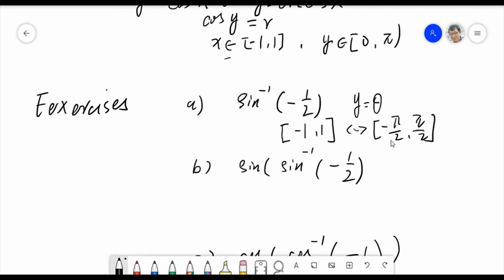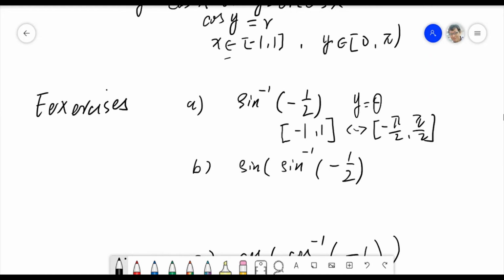We learned before that there are several special angles: 30 degrees, pi over 6, and 45 degrees, pi over 4. And 1/2 is exactly the sine of pi over 6.